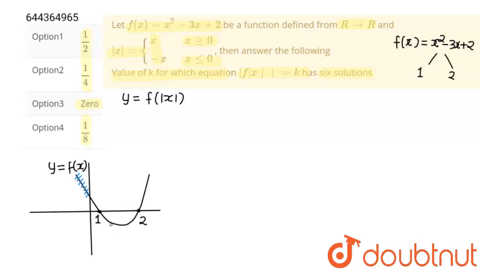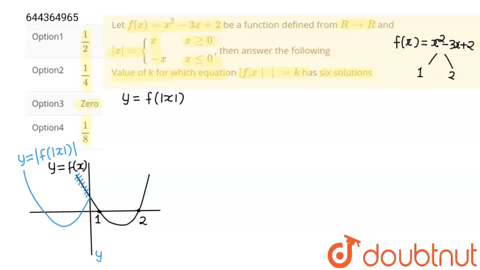We take the image of the remaining graph in the y-axis. So this is our y-axis. So this image will be like this. Now this whole is the graph of y equals f of mod x.